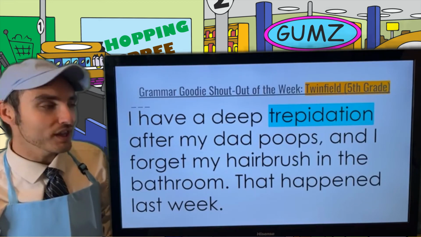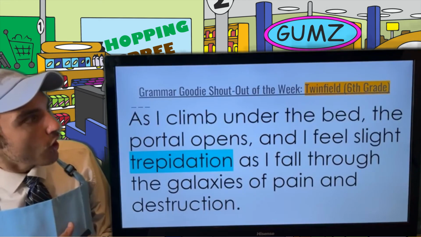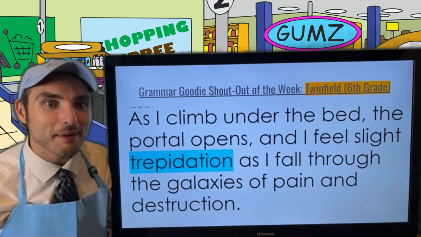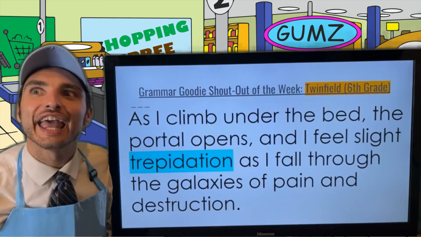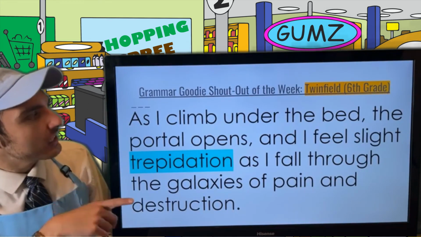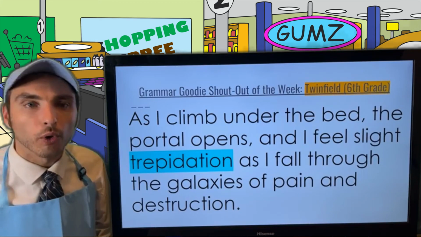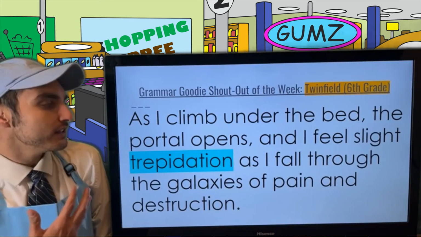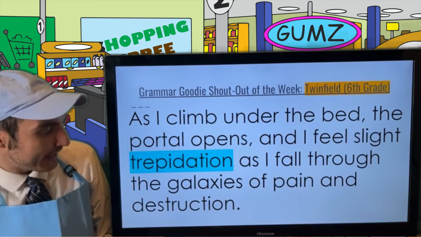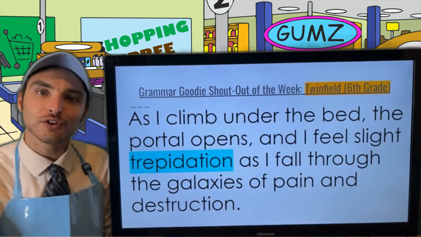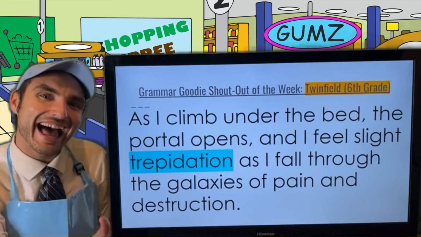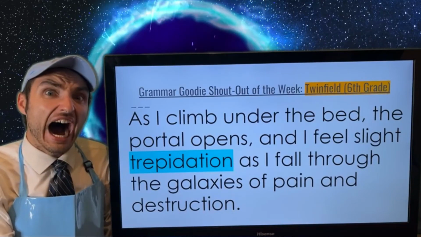And moving on to the second shout out, which comes from Twinfield 6th grade. I love the epic battle between them. Twinfield 6th grade had this. As I climb under the bed, the portal opens, and I feel slight trepidation as I fall through the galaxies of pain and destruction. Oh, so you fell in through the portal that basically characterizes my life.